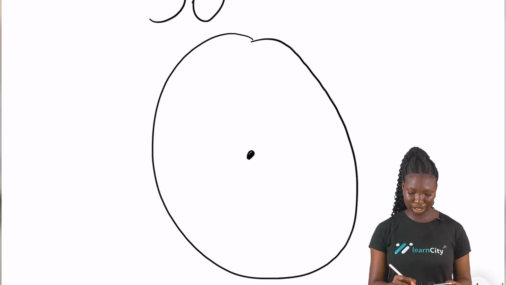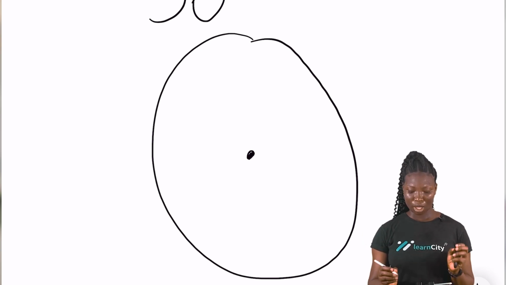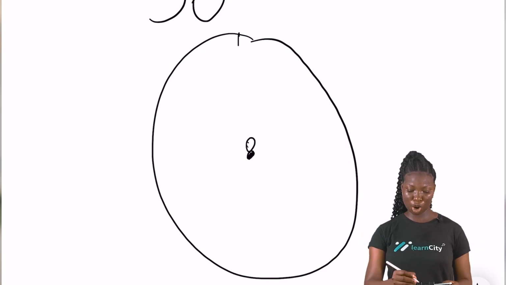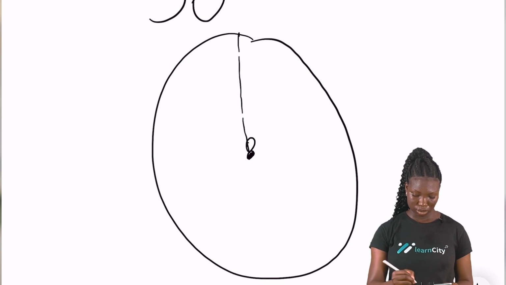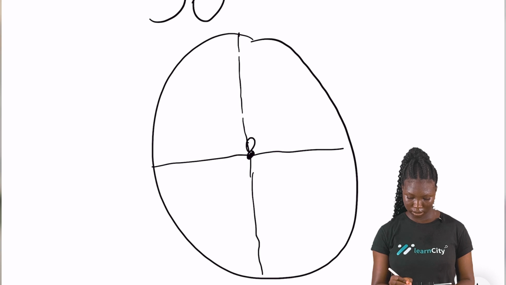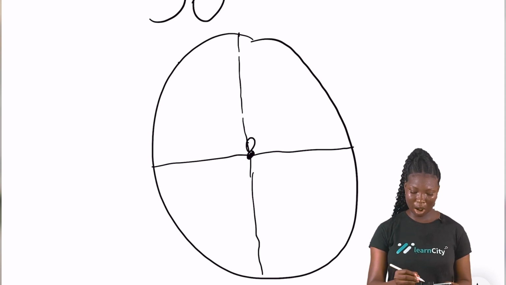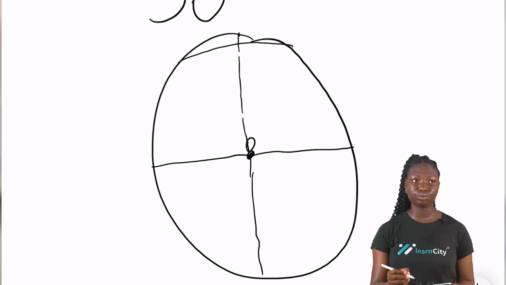We draw a circle. This point is point C, and this is point O. With our lines here, we draw a great circle.